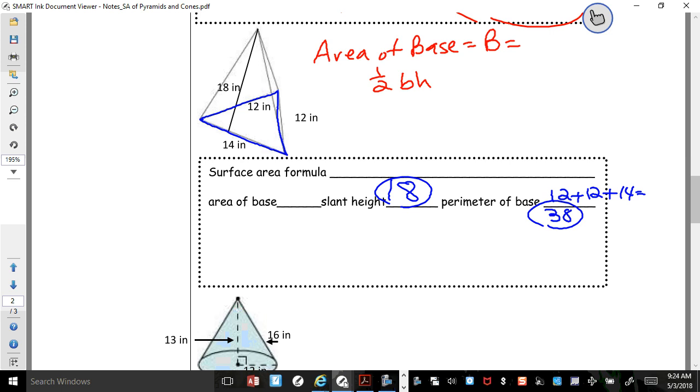Now, where is the height of the base going to be? In the center. Which means we're not going to use 14. So we're going to have to use the Pythagorean theorem. This is important. You will have to do this.